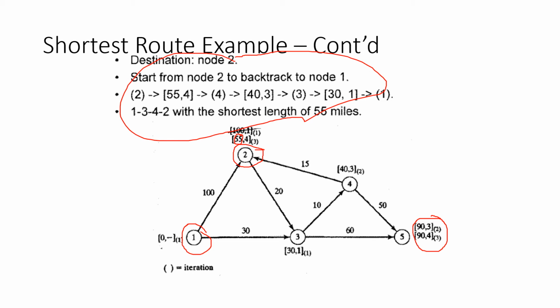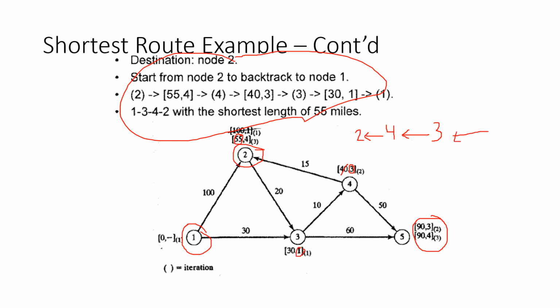That's the shortest distance from node 1 to node 2, and the path is coming from 4. So 2 coming from 4. So I go to 4, and I don't need to read the distance anymore. I just need to read the predecessor, and this is coming from 3. So I go to 3, and this is coming from 1.